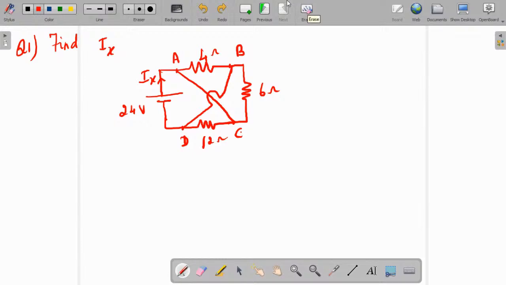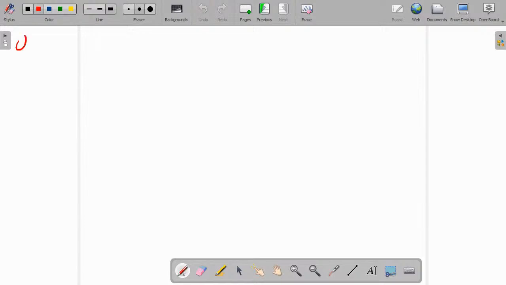Second question. Yes, question number 2 is also find Ix.